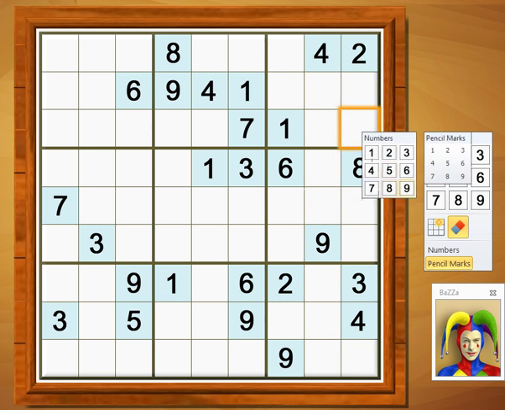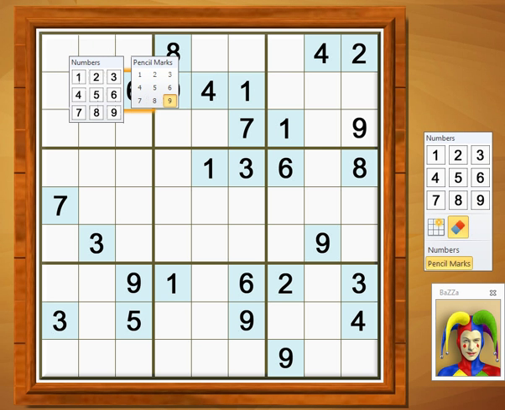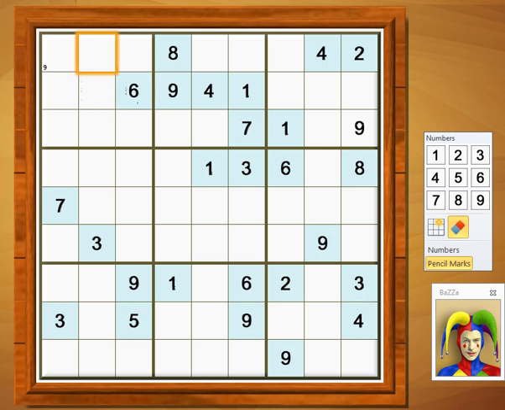So this one here is going to be the 9. Then if we come across, that takes that column out, this one here takes that column out, and this 9 will take that column out, but it leaves us 2 squares here for 9s. So we can put a 9 in both of them, a 9 and a 9.